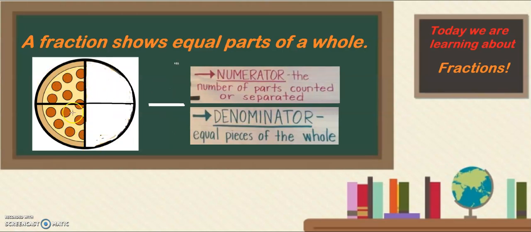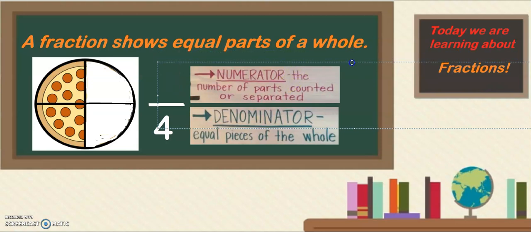Now what if we have our 4 pieces of pizza and I eat 2 pieces of pizza? What is the fraction to represent what we have left? Our denominator is still 4 because we had 4 equal pieces to start with. And our numerator, how many pieces of pizza do we have left? 1, 2.